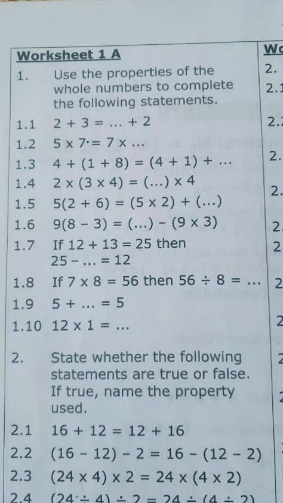Whatever number you add 0 to will always give you that particular number. 5 doesn't lose its identity, because when you add 5 to 0, 0 will always ensure that the number that is added to it retains its identity.